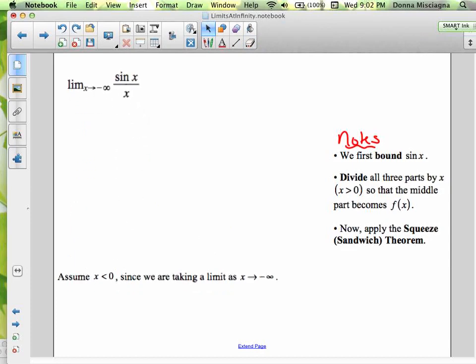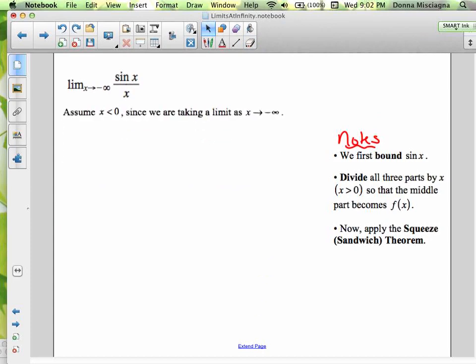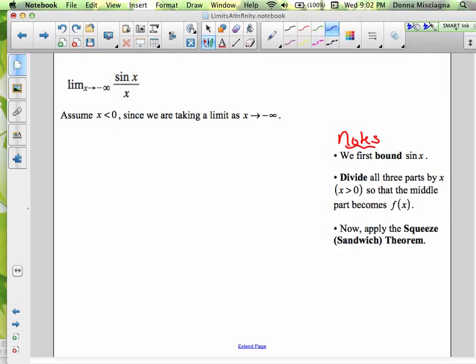So just like before, we know that sine x has to be less than or equal to 1 and greater than or equal to negative 1. Right?